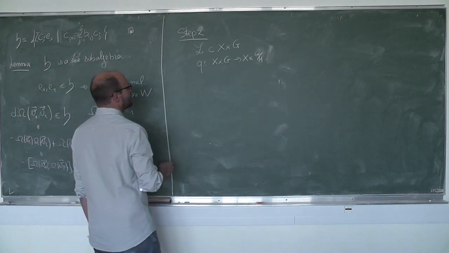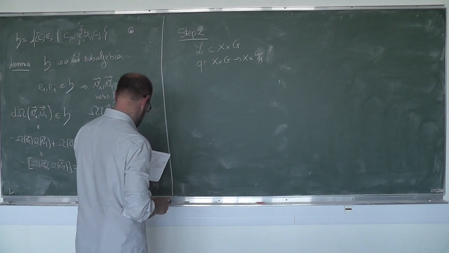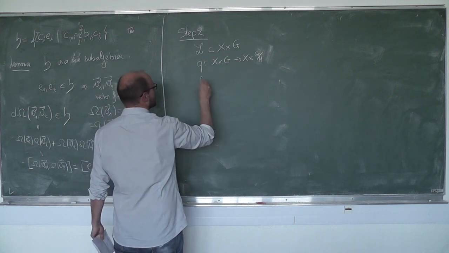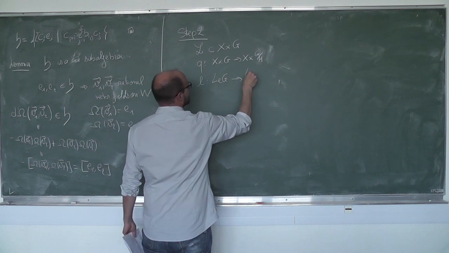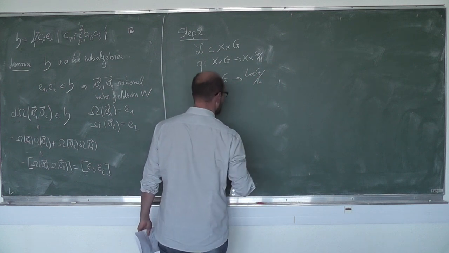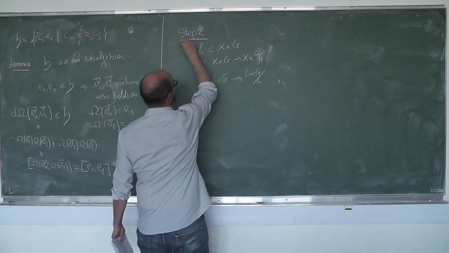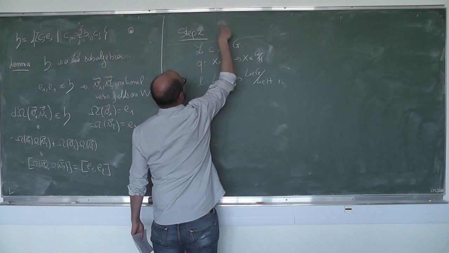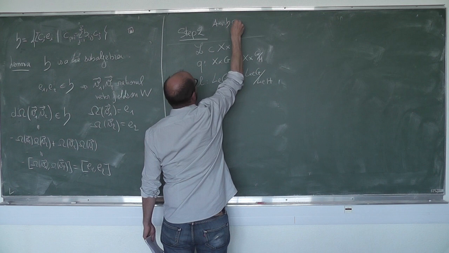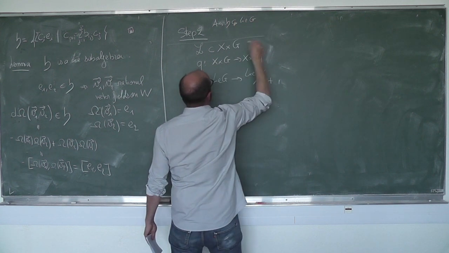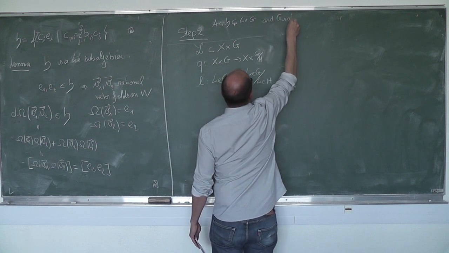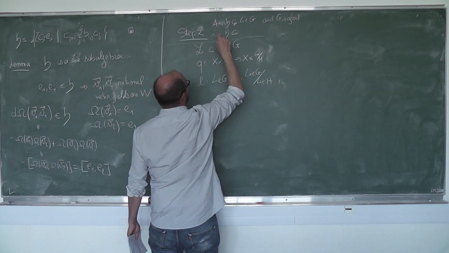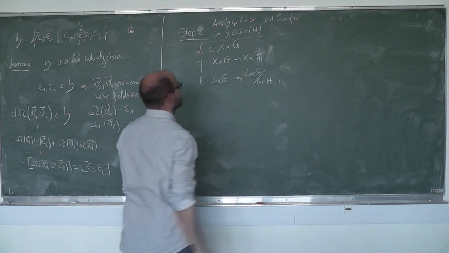Yeah, and we have some map L, we go from the Lie algebra of G to the Lie algebra of G over H. As H is a sub-Lie algebra but different from the Lie algebra of G, and G is good, then we have that H is in the Lie algebra of an algebraic group here.